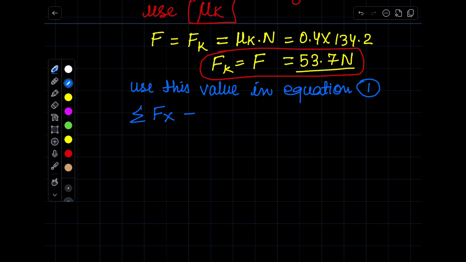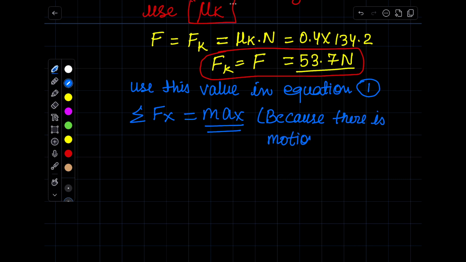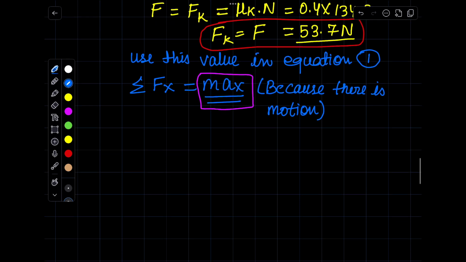So I'm going to use this F in equation 1. Why? Because we need to know in which direction the block will move, in the x direction, of course. So I can write Fx is equal to max. Now make sure that this Fx is not equal to 0. Why? Because it is moving and there is acceleration ax, and there is no acceleration ay.